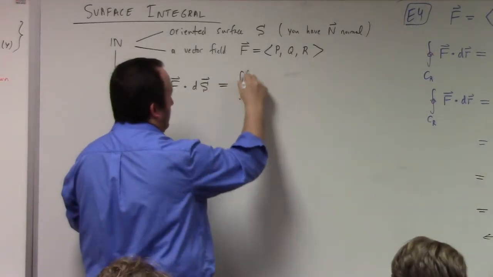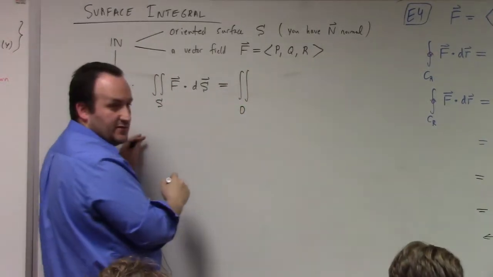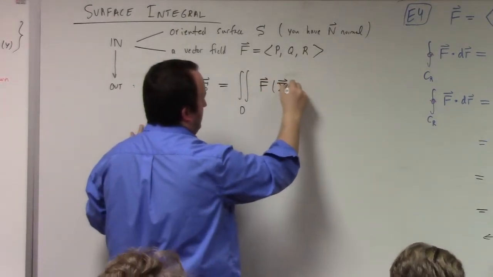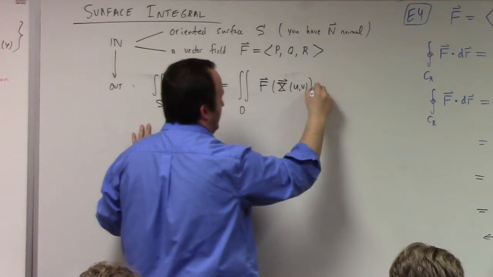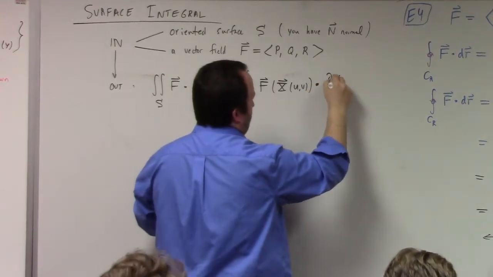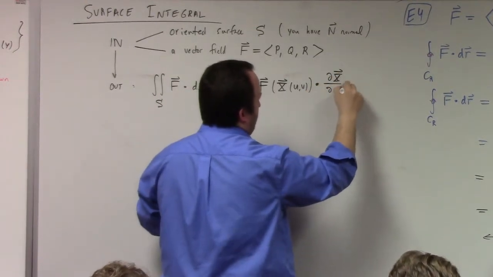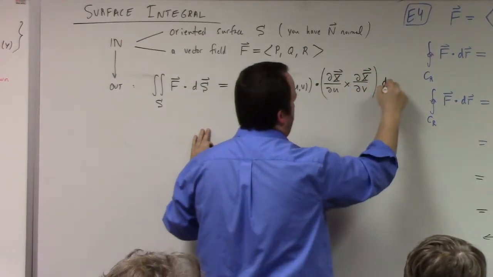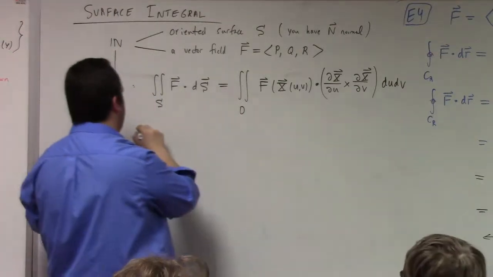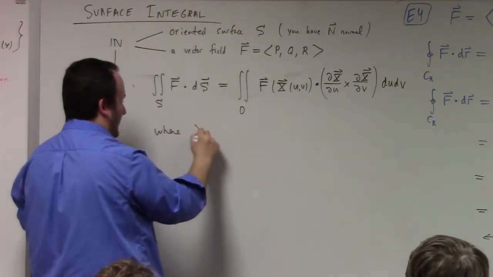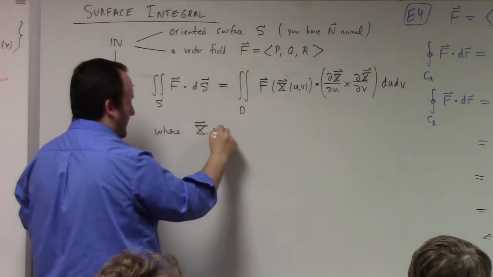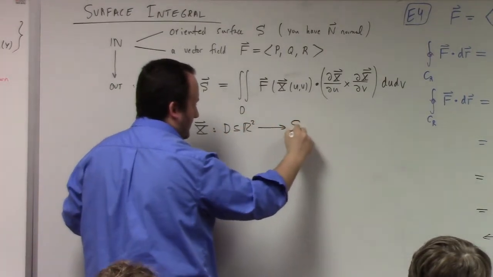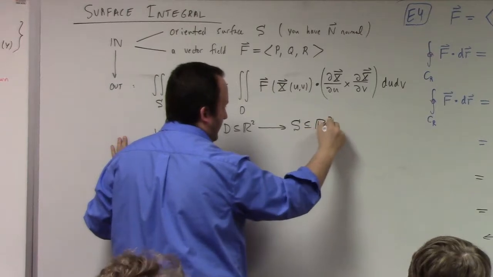It's going to be the integral over the domain of the parameterization of the surface of f of x of u comma v, dotted with partial x partial u cross partial x partial v, du dv, where this x is a mapping from the domain, which is some subset of R2, to your surface, which is some subset of R3.